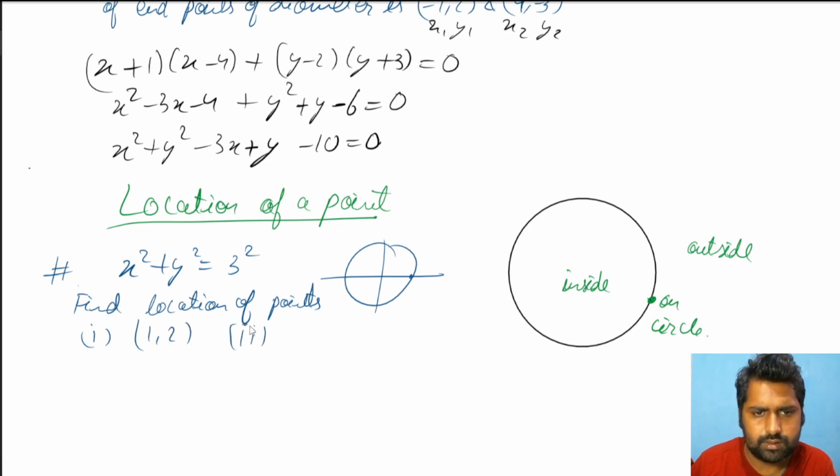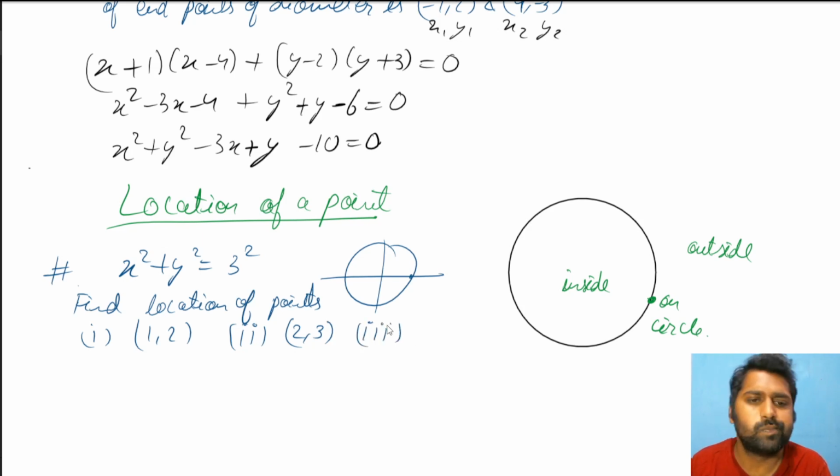Second is (2, 3). Third, let's take (3 by root 2, 3 by root 2).